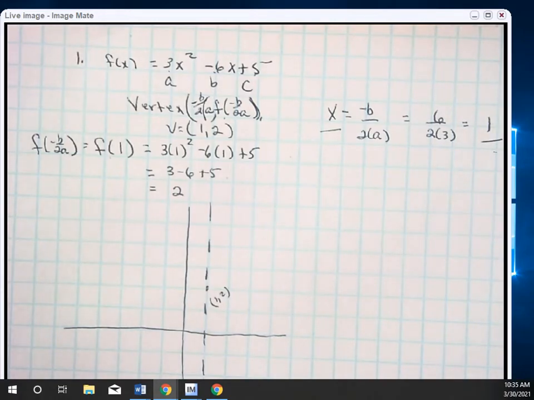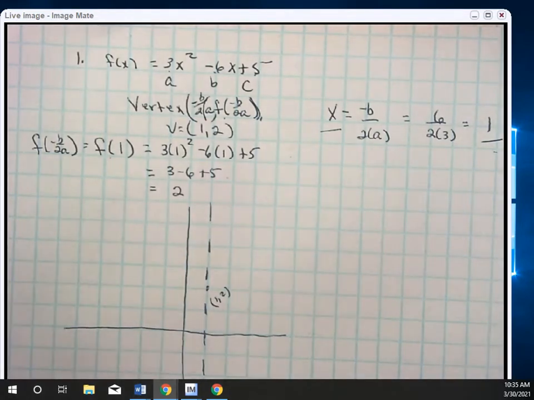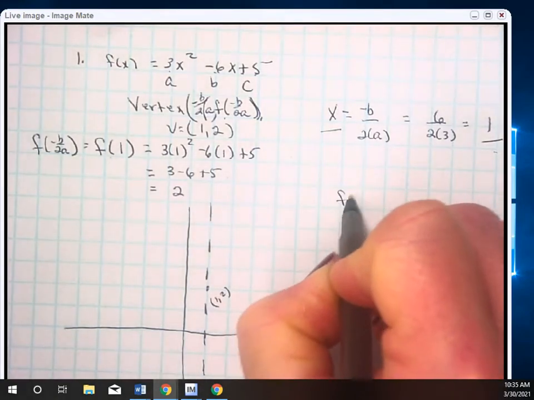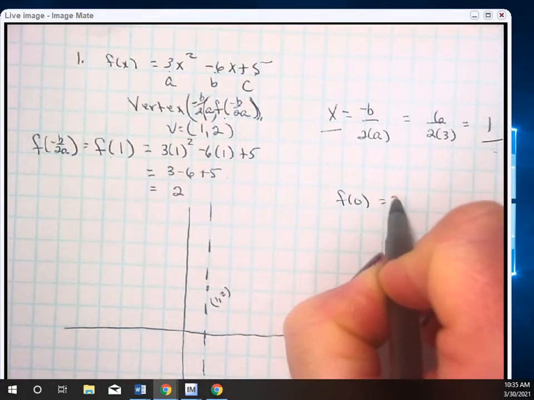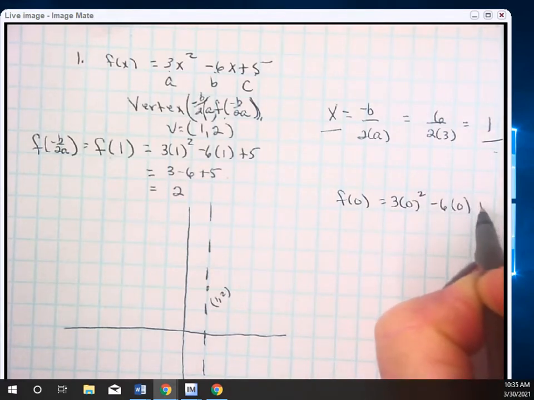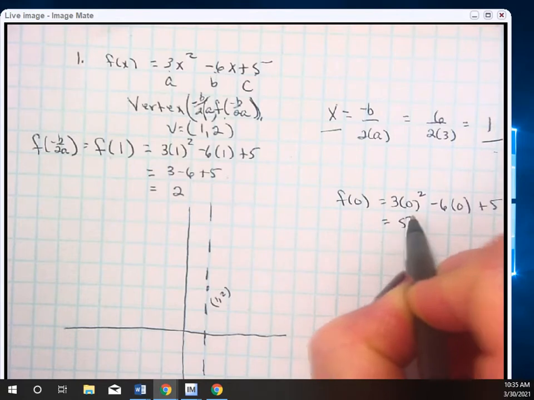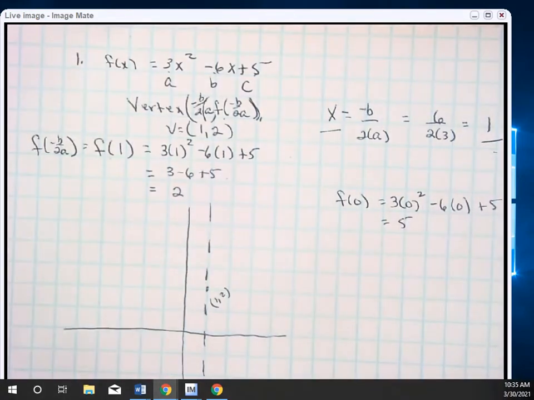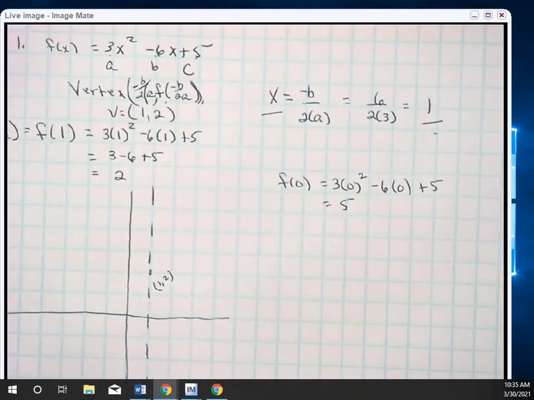And now I'm going to pick a nice point. I like 0 because 0 makes everything that multiplies by it go away. And 0 plus or minus anything is just 0. So when I substitute a 0 into my equation, I get 5.